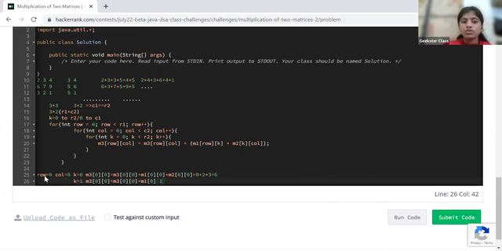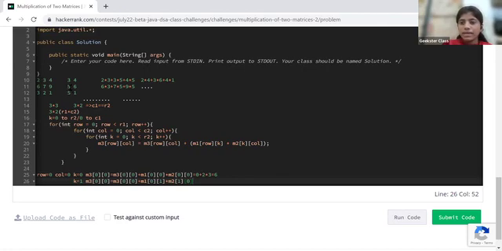Row is 0, row is still 0 but k is now 1. So 0, 1 पे जो भी वैल्यू है उसको किससे मल्टीप्लाई कर दो? मैट्रिक्स 2 में which value? k comma column means 1, 0. 1, 0. Why 1, 0? 1, 0 मैट्रिक्स m2 of 1, 0. 2 3 से मल्टीप्लाई हो गया तो अभी 3 को 5 से मल्टीप्लाई करना है, राइट?